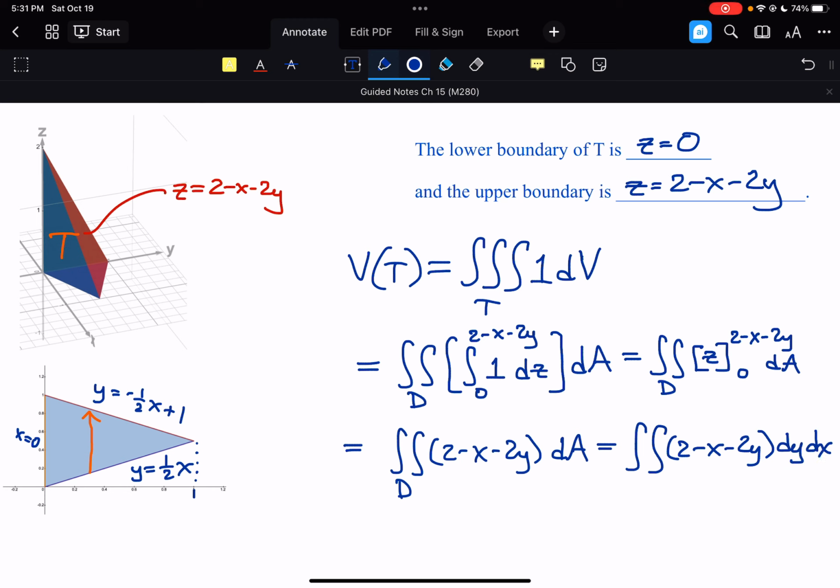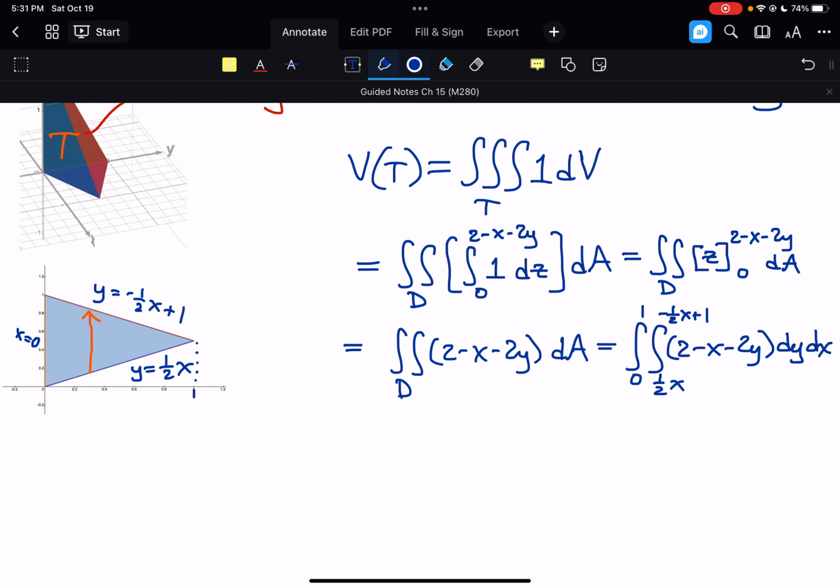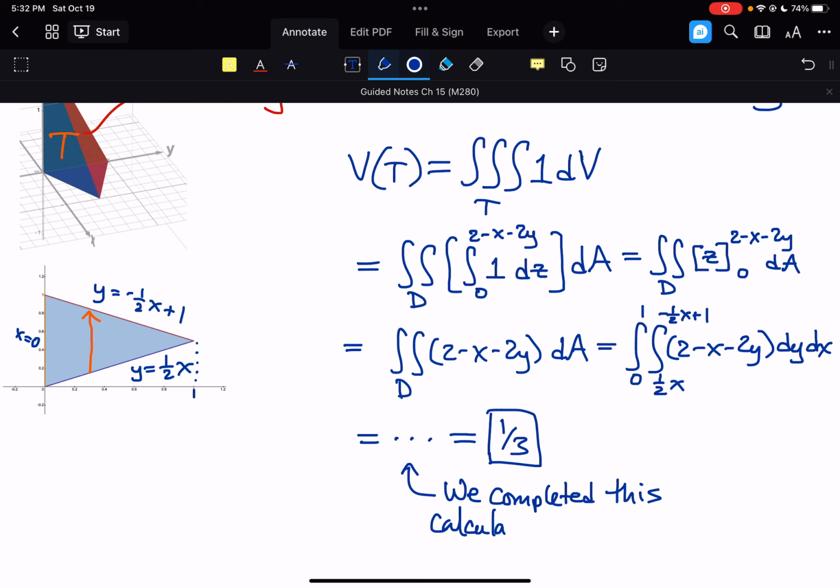So we got dy dx from 1/2 x to negative 1/2 x plus 1, and then x going from 0 to 1. And we ended up getting 1/3. So we completed this calculation previously.